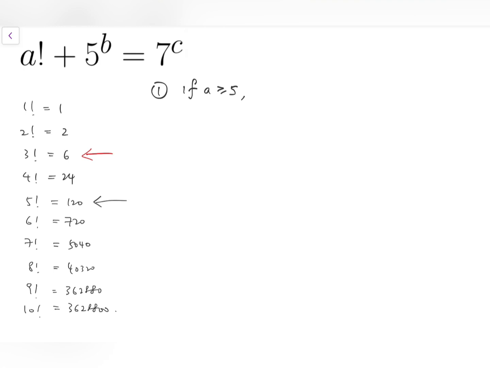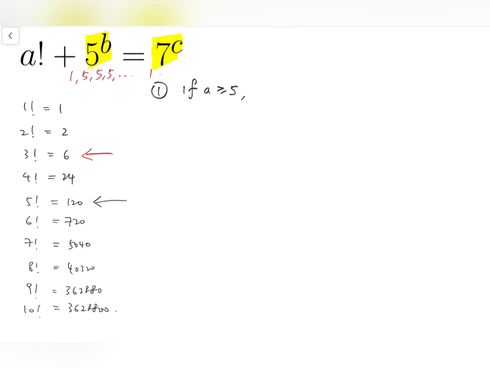And notice that there's also a pattern for the other terms: powers of 5, powers of 7. Powers of 5, except for the first one, 5 to the power 0, which is 1, all the numbers afterwards have 5 as the last digit. While for powers of 7, it follows a pattern like this.